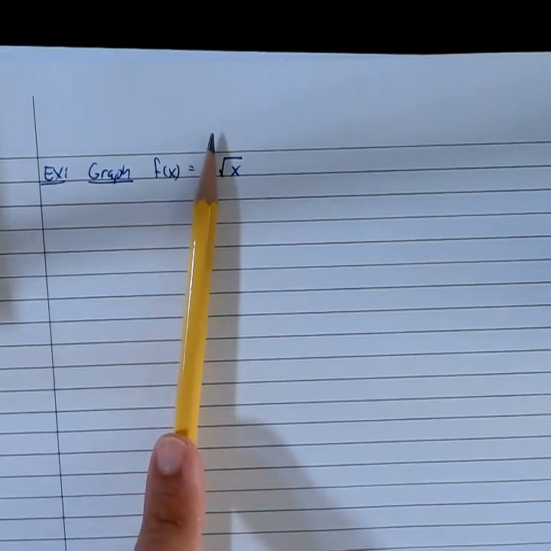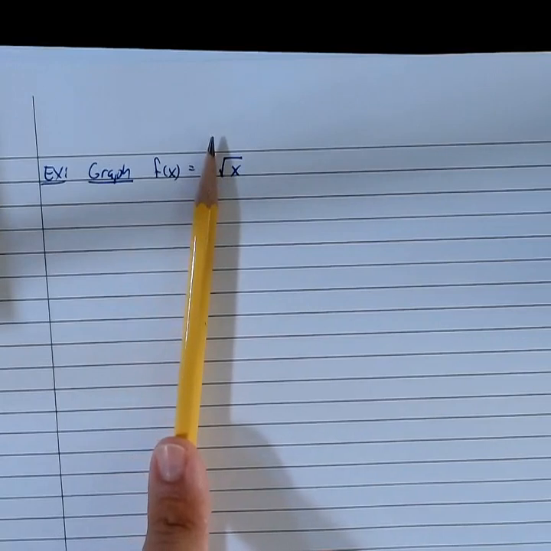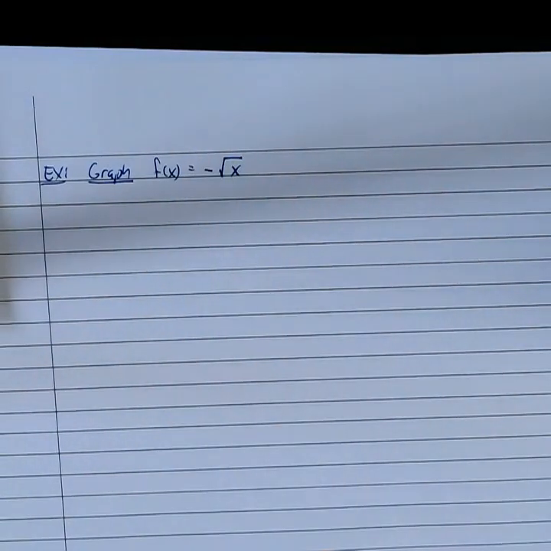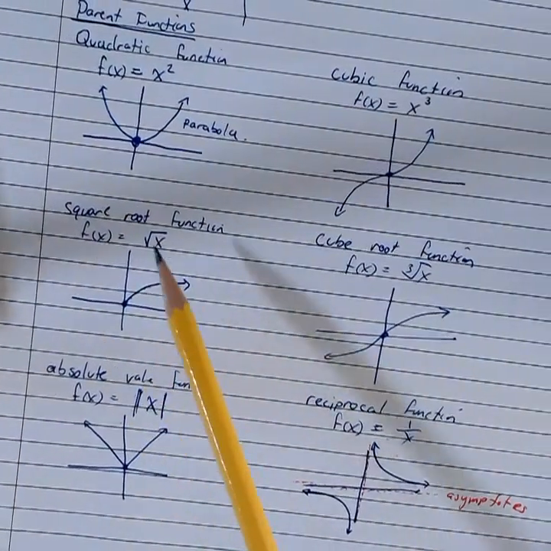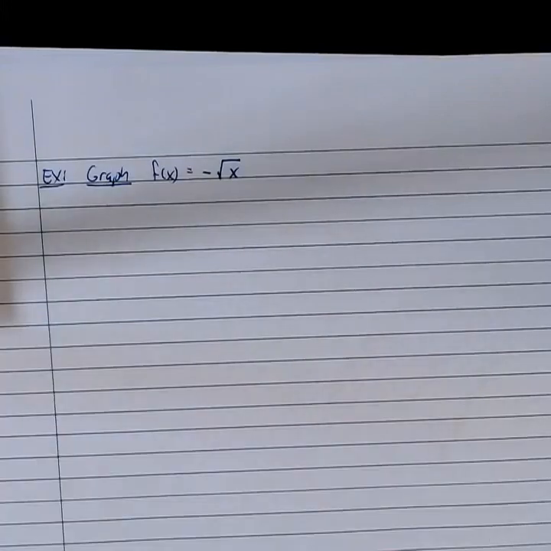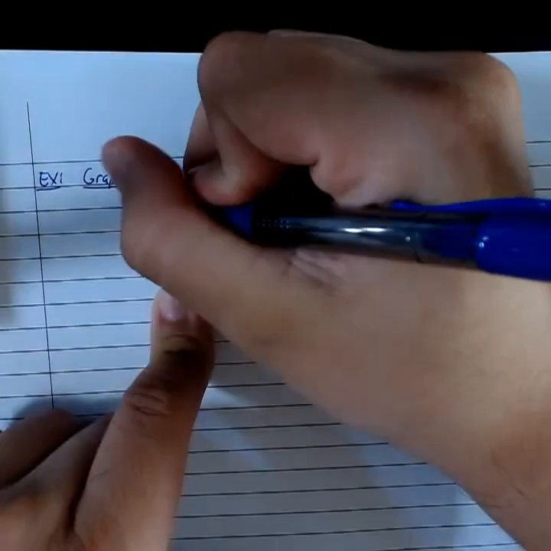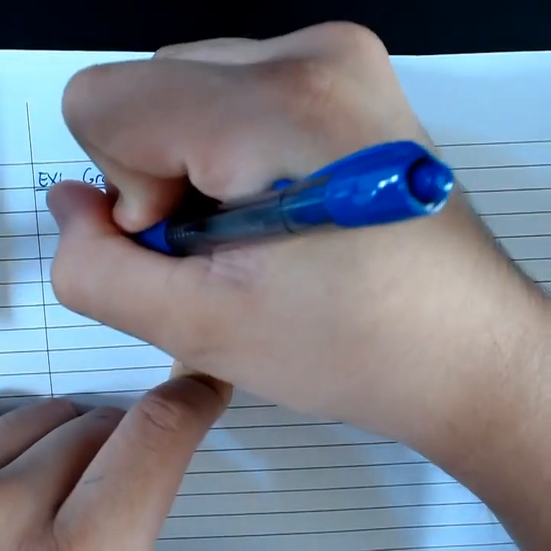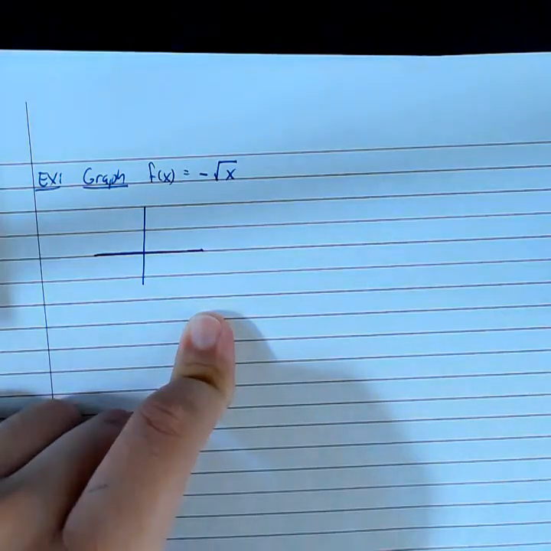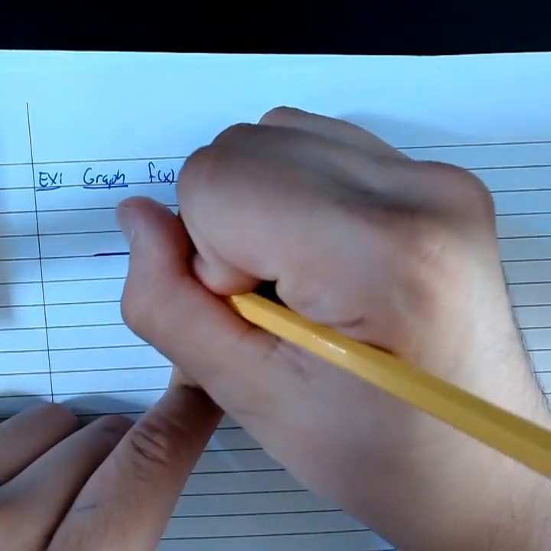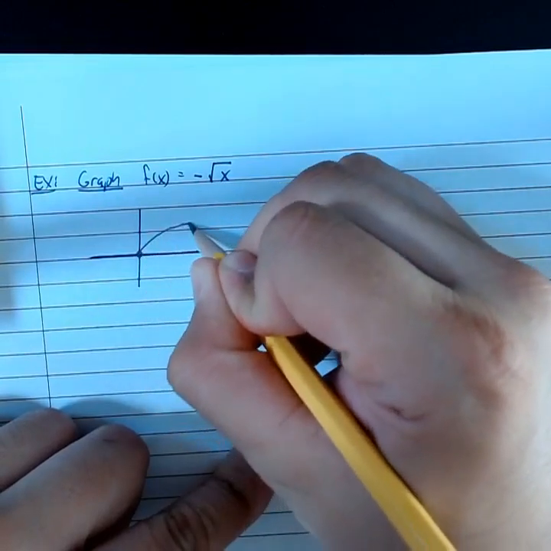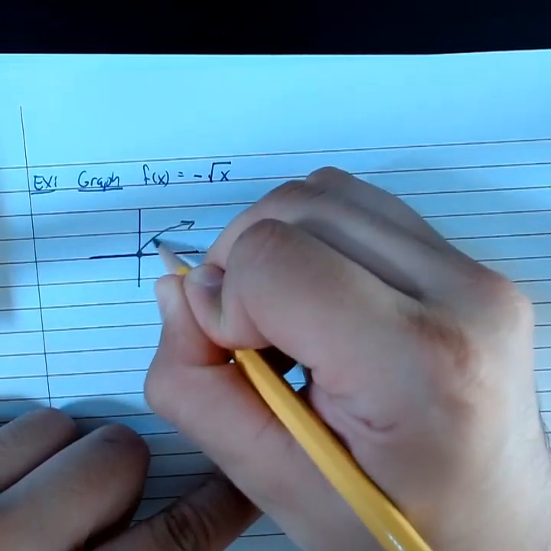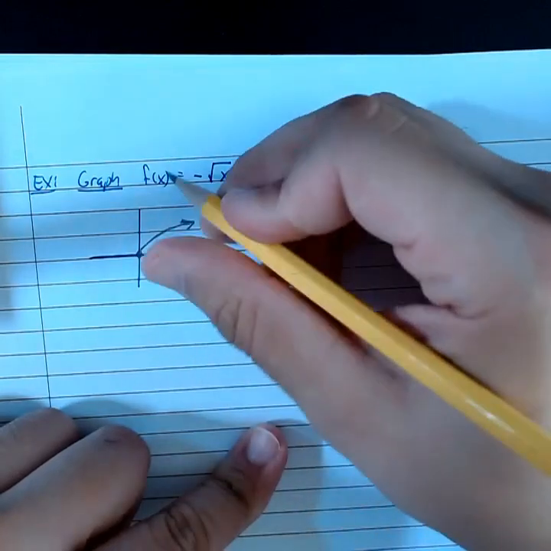Well, if we ignore that negative, this is basically just the square root of x. And we know what that looks like. So we're going to start with that as our parent function. It's going to start at the origin. It's going to go up and to the right and kind of curve a little bit, just like that.